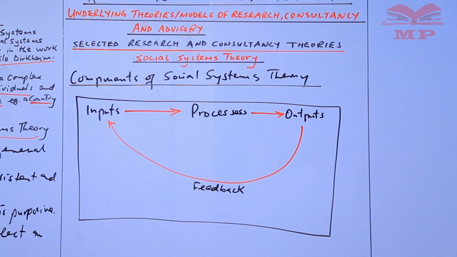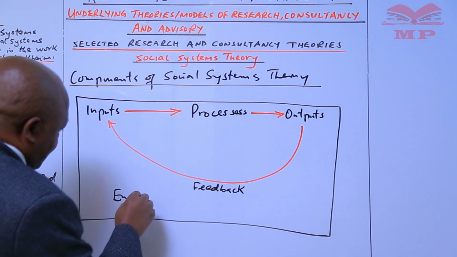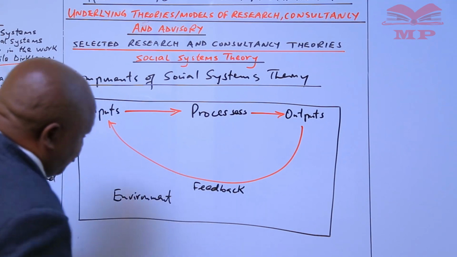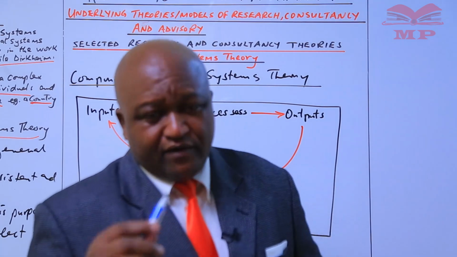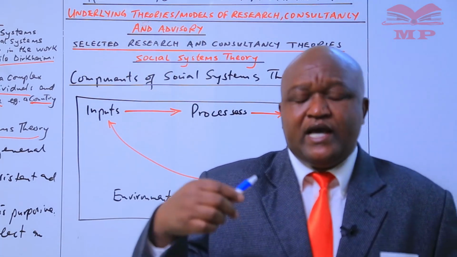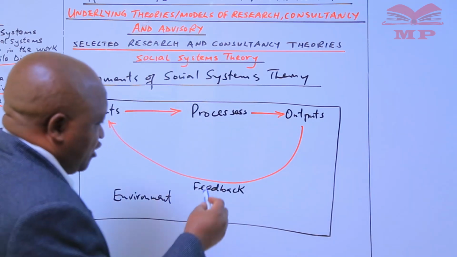And when it comes to the feedback, then within that particular system, you have the environment. Within that environment, there will be stakeholders. These stakeholders could, for example, be consumers.